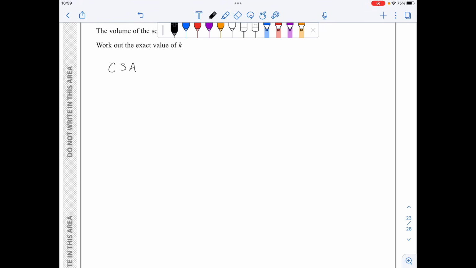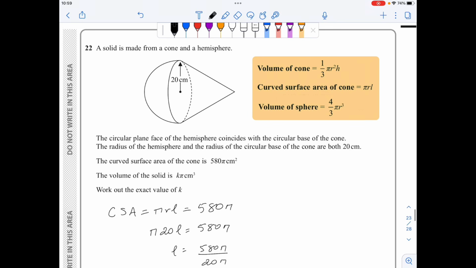Curved surface area of the cone is pi r l, which is equal to 580 pi. Now the radius is 20. Let's put this in. So l is 580 pi over 20 pi, which comes out to be 29. So that's the slant height.